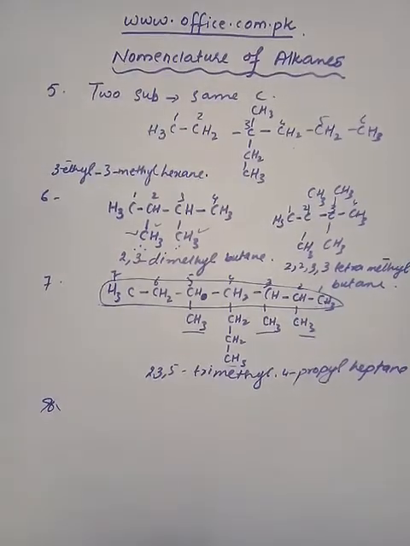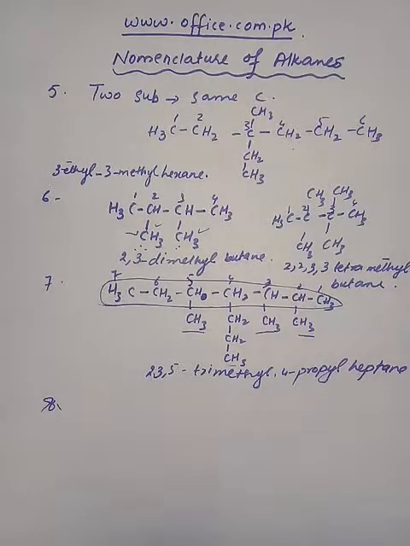Now the rule number 8. When branching first occurs at equal distance from either end of the longest chain, choose the name that gives the lower number at the first point of the difference.